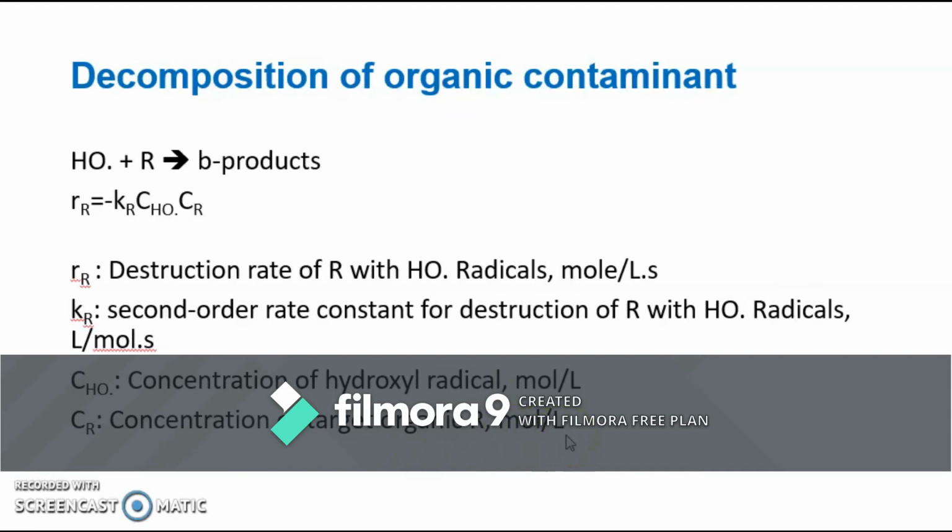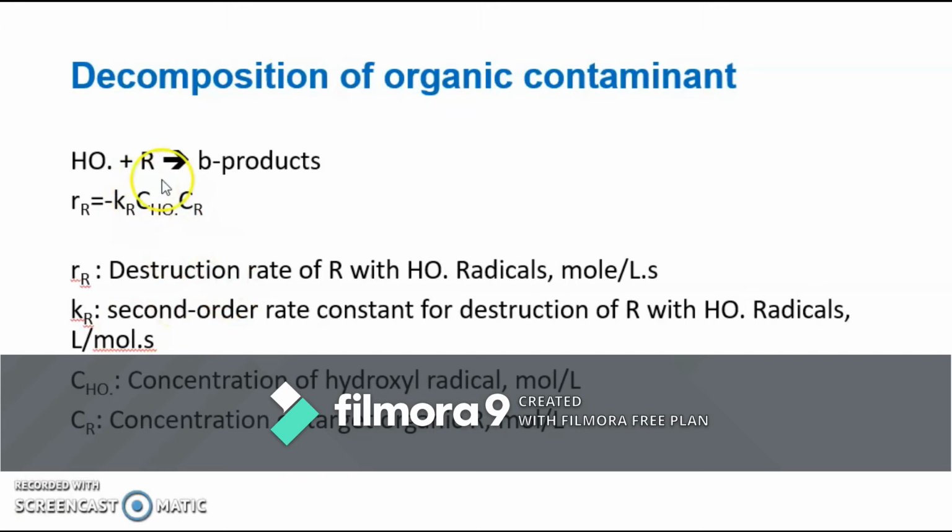So when we are conducting the calculation and we want to calculate the destruction rate, we need to make sure that we have the right units. For example, if we have concentration in milligram per liter or microgram per liter, we need to use the molecular weight and convert those to mole per liter.